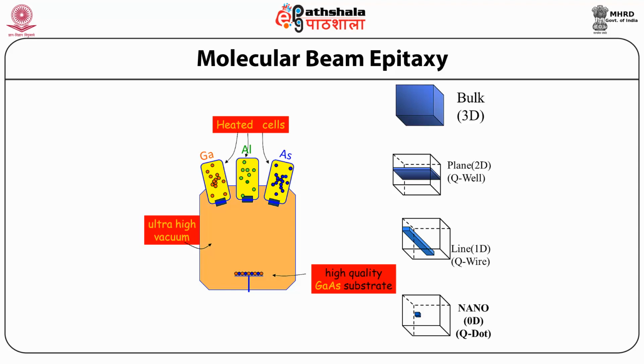Now we can place the effusion cells or the heated cells of each respective element, that is gallium, aluminum and arsenic, to form the gallium aluminum arsenide thin film in a fixed proportion. So we can make a bulk 3D, a plane 2D, that is a quantum well, a line 1D, a quantum wire, and a nano dot 0D, a quantum dot.